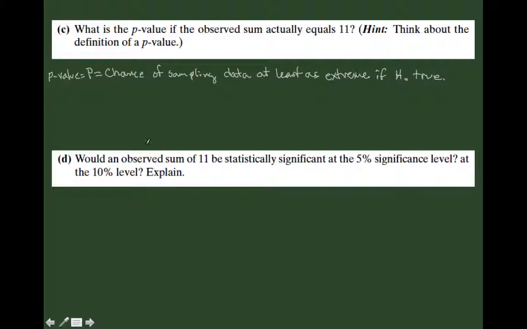Now, in this case, the p-value is going to be the chance of rolling 11 plus the chance of rolling a 12. Two ways to roll an 11 out of 36.